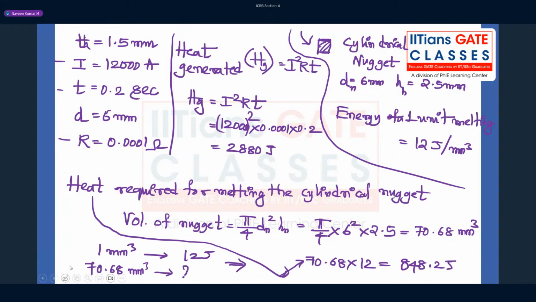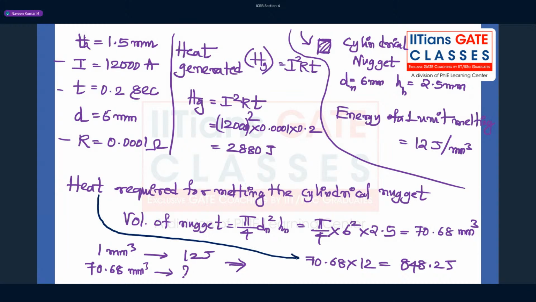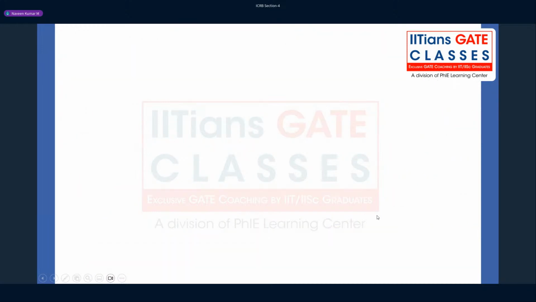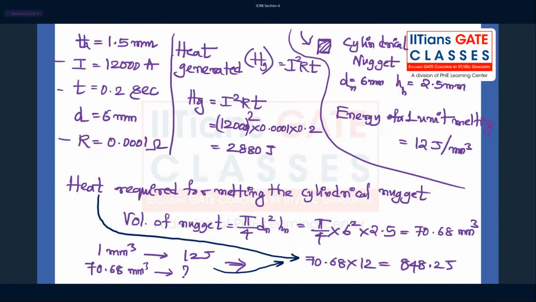Okay, let me erase this so that you understand it here. So now, this much you're providing, this much only has been used. So what is the portion that is used? What are they asking?